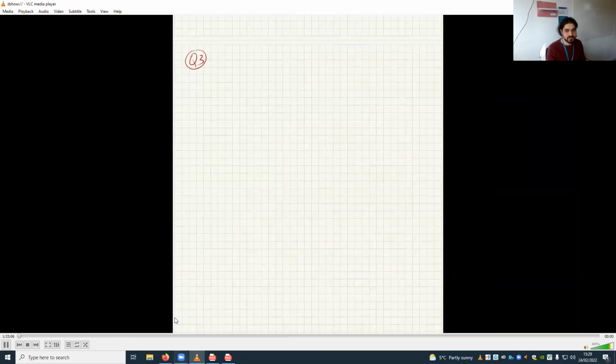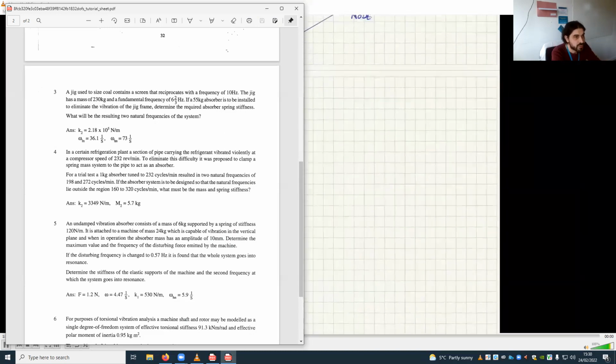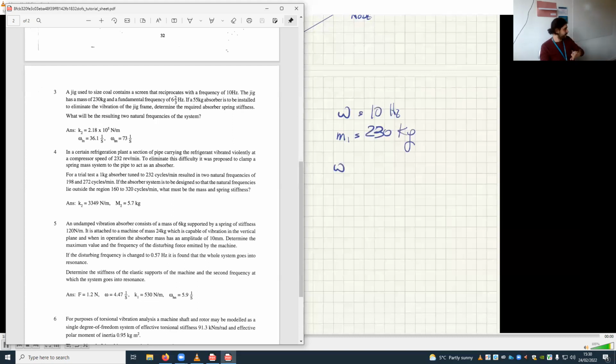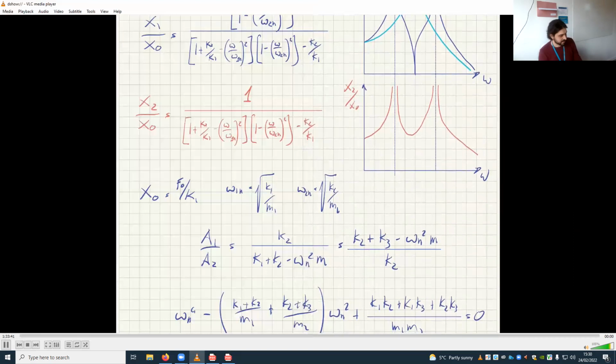So let me copy the data first. So we have omega of the driving force, it's 10 Hertz. The mass 1, that's the mass of the main mass, is 230 kilograms. Then we have omega 1n. Remember, omega 1n is the omega of the system, is the omega of mass 1 as if it was the only mass present in the system.